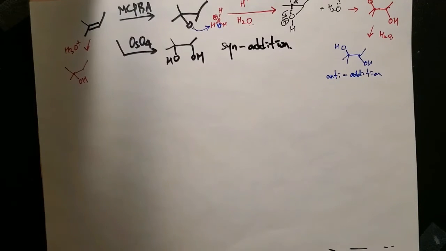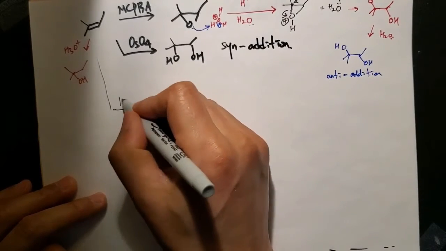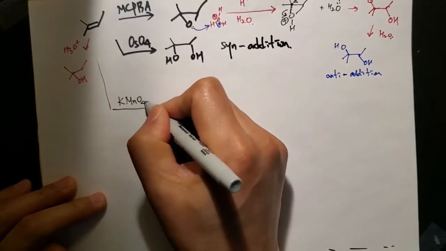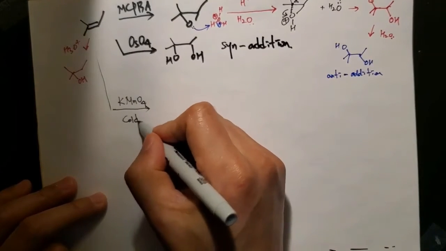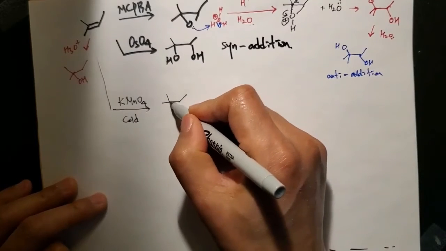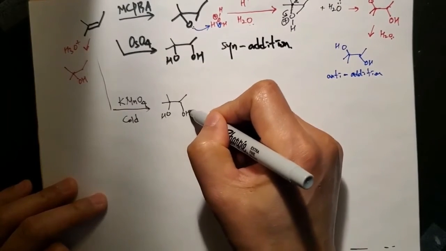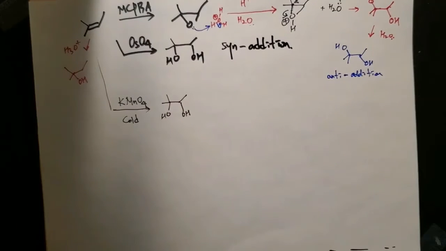Here comes more though. Similarly, you have potassium permanganate. The mechanism is similar. If you keep them in cold reaction, it gives you the same diol product, syn. Okay, same mechanism, same kind of product.